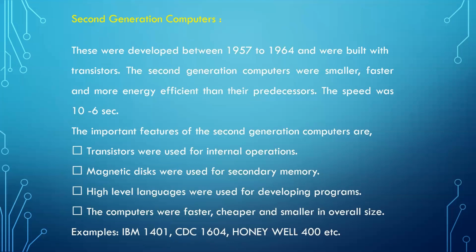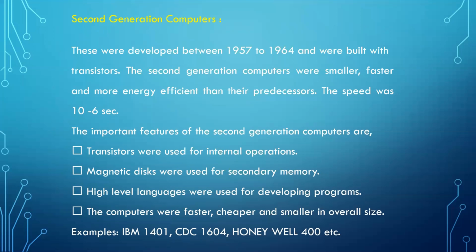The second generation computers were smaller, faster, and more energy efficient than their predecessors. The speed was in microseconds, that is 10 to the power minus 6 seconds. So it means we have started comparing now with the first generation.